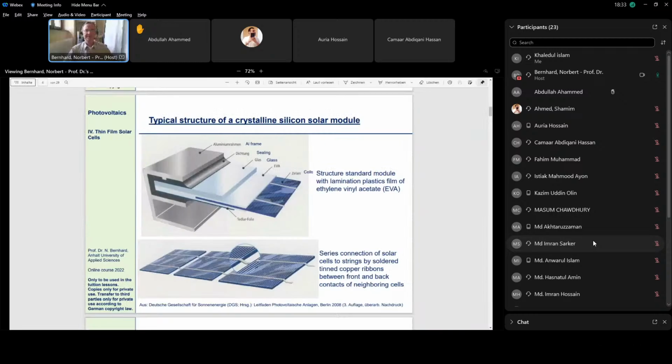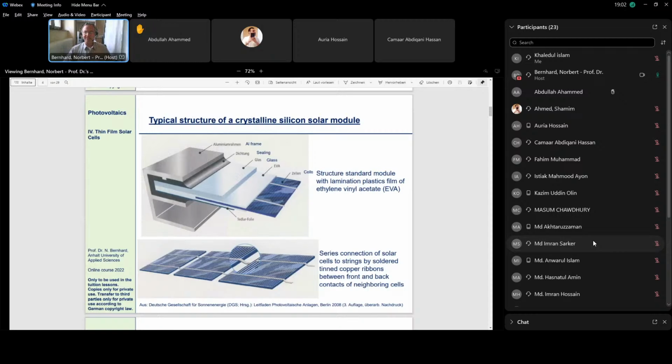Here I have the typical structure of a crystalline silicon solar module, and let me remind you, crystalline silicon is 95% of the market. So that means it's by far the most important one. What is first shown here is a standard module with a lamination plastic film of a substance which is usually called EVA, the most used polymer.